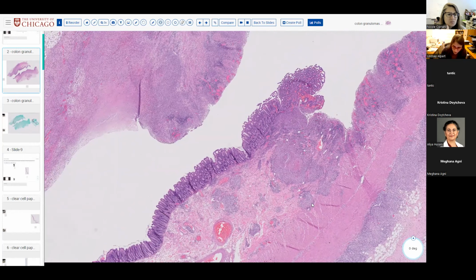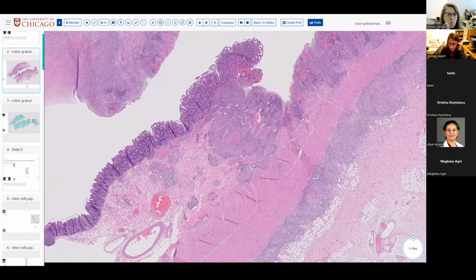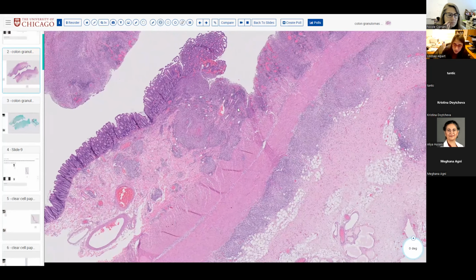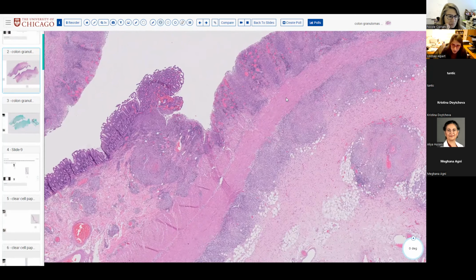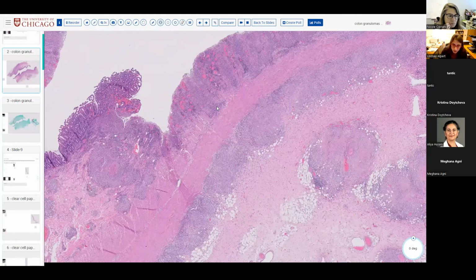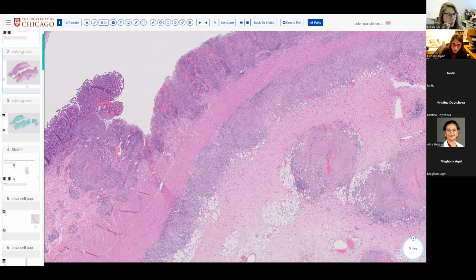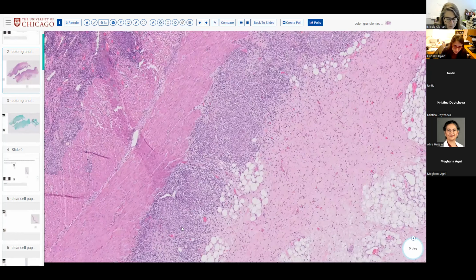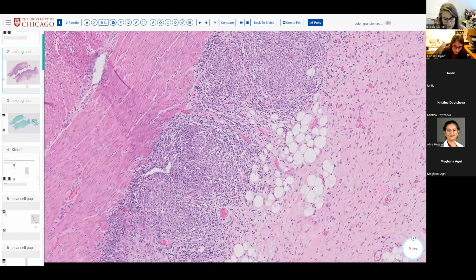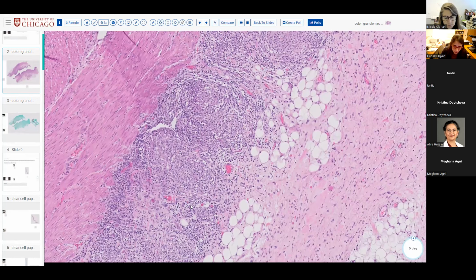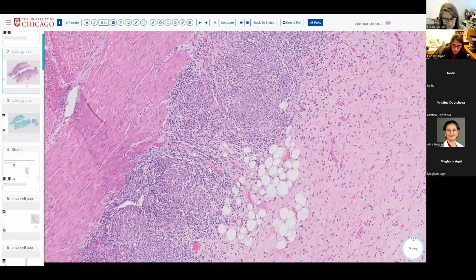And now I'm telling you, this is the ascending colon. So that would make sense, or is compatible with his diagnosis of ulcerative colitis, because it could just be involving the more distal portion of the colon. But then when you look at this area here where there's the big ulcer and this transmural inflammation, you start seeing that there are actually a lot of granulomas in the wall here.